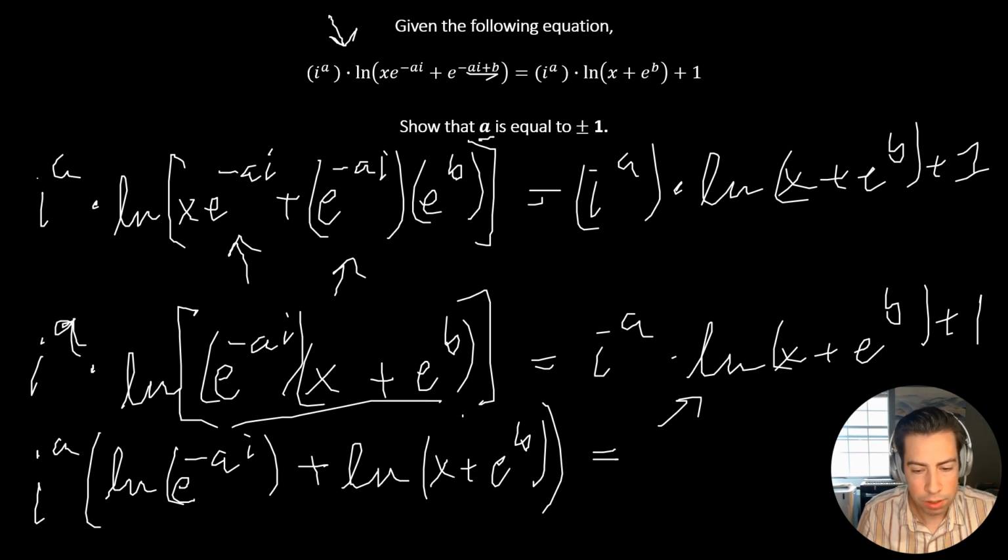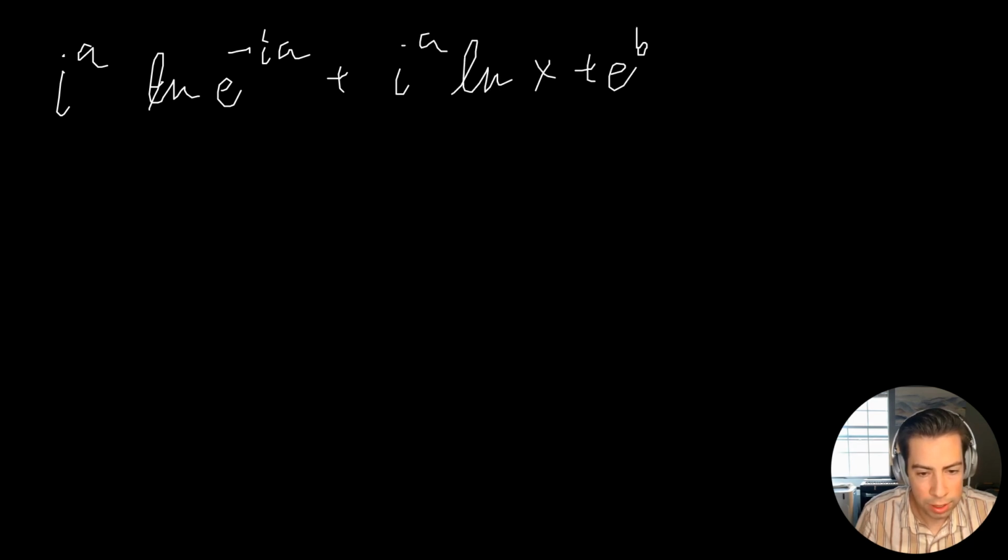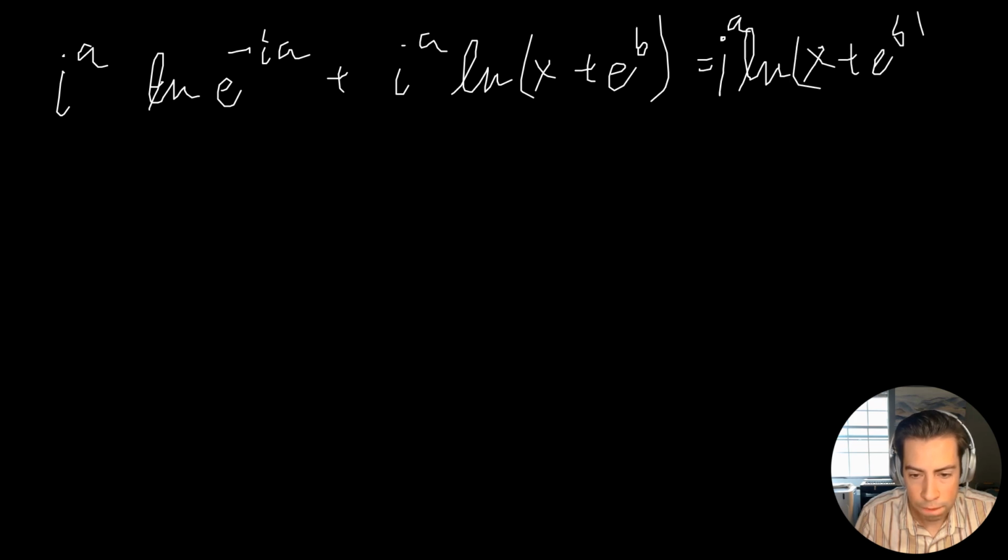So now what I want to do is go ahead and simplify this down. So let me just get a good look at it real quick. So I'm going to have i to the a and the natural log of e to the negative ia plus i to the a natural log x plus e to the b, and this is going to be equal to the natural log, i to the a of the natural log x plus e to the b plus 1.